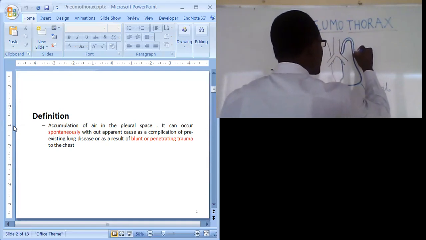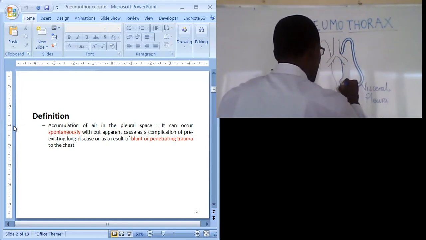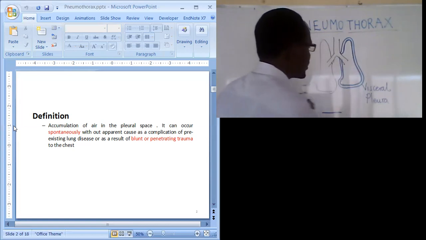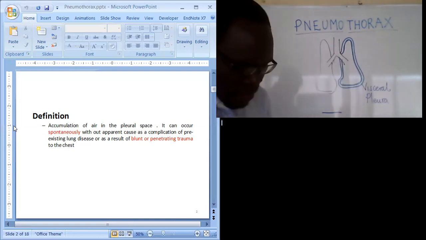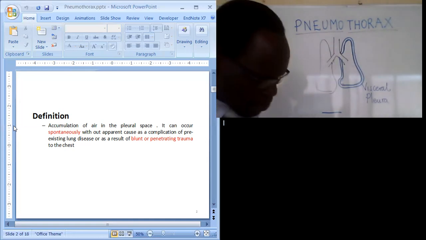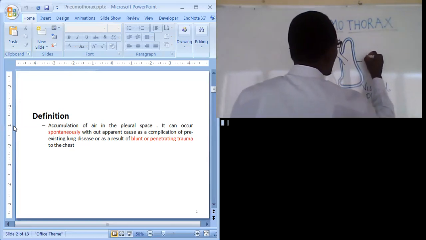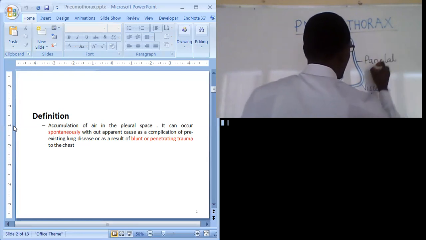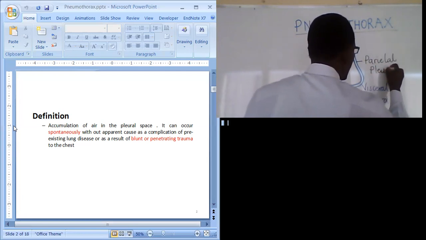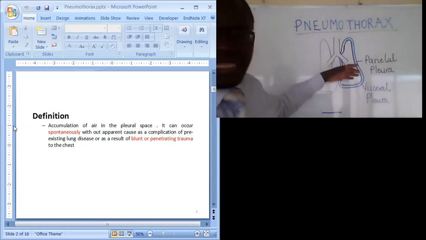It covers, or is adjacent to, the other structures of the chest wall, and that is what we refer to as the outer part, the parietal pleura. So these 2 are basically the pleura.